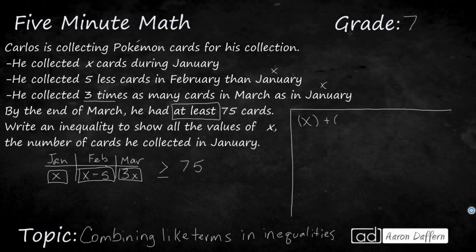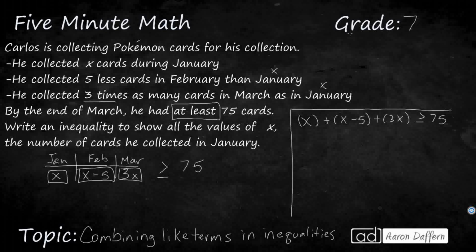So I've got my January is x, my February is x minus 5, and then my March is 3x. Now, I don't really need parentheses around them, but visually that just helps us. And all of that together is at least 75. So that's greater than or equal to 75. And we don't even necessarily need to figure out what x is. We need an inequality to represent that solution set.